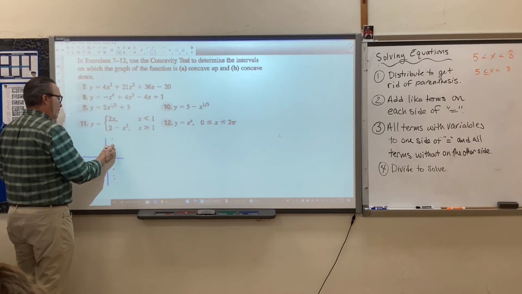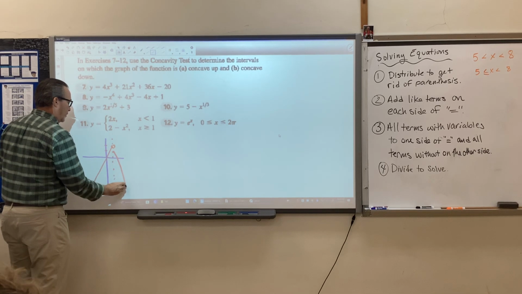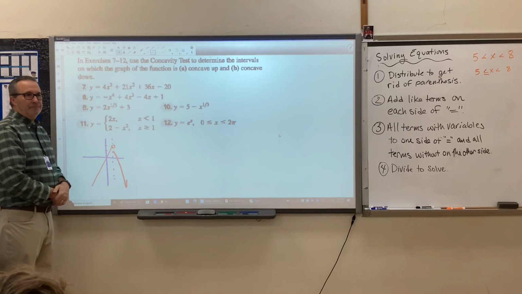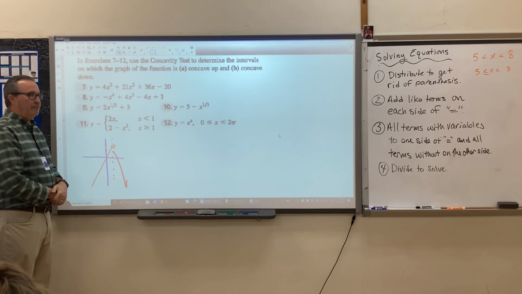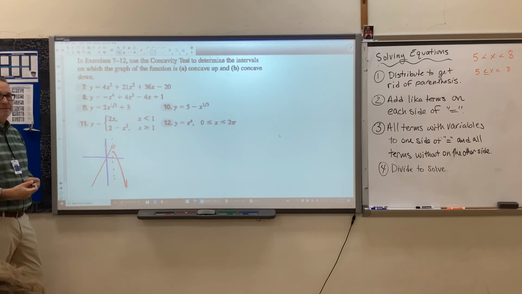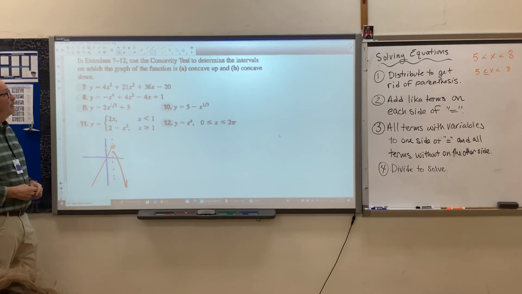This is an open circle, right? This is a closed circle. That's got to make sense to you. So we already know the answer before we start the problem.